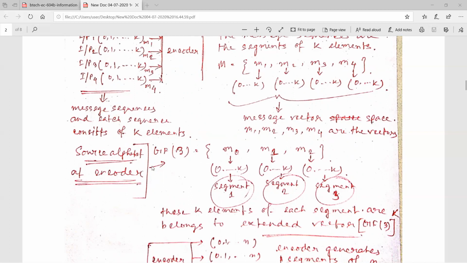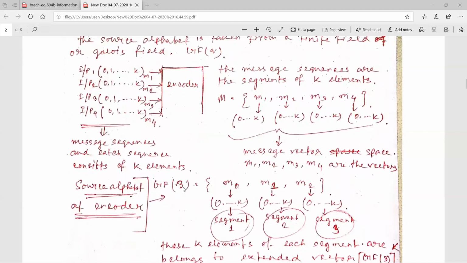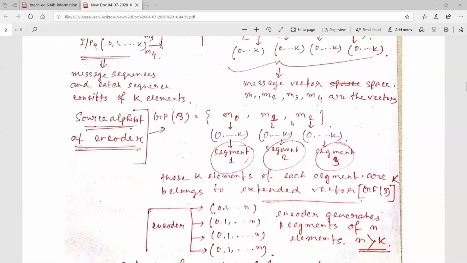Suppose we have taken GF3. That means we have taken 3 messages in the finite field, because a Galois field is a finite field which consists of a finite number of elements. So GF3, Q equals 3. There are 3 message segments, and each message segment consists of k number of bits.